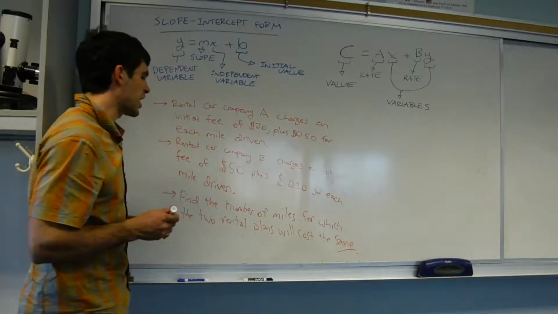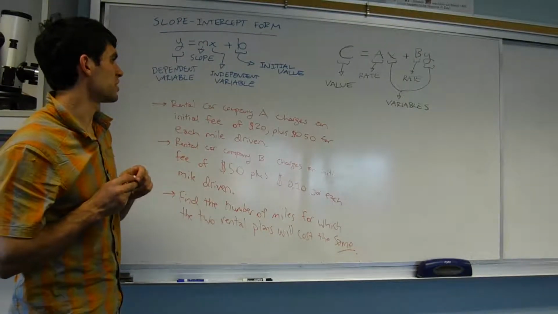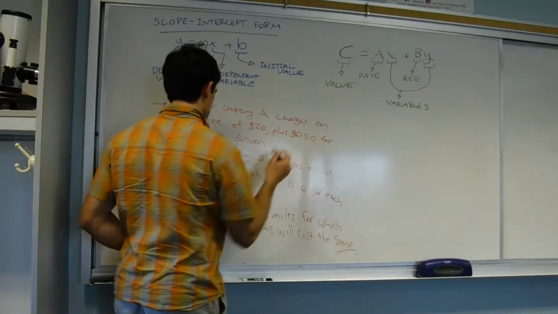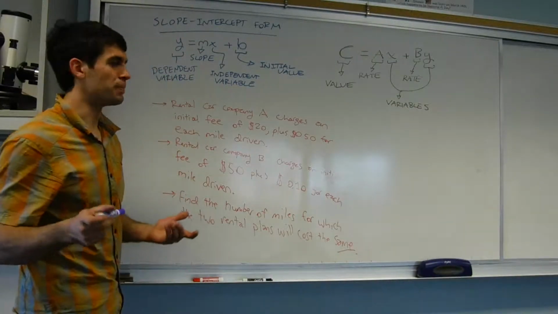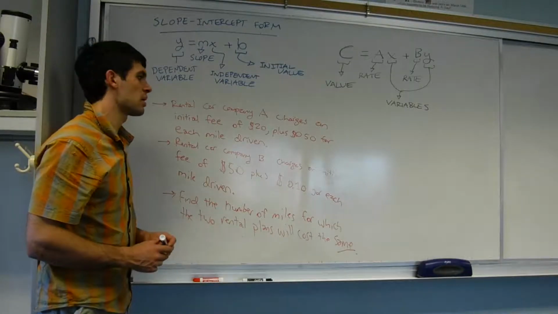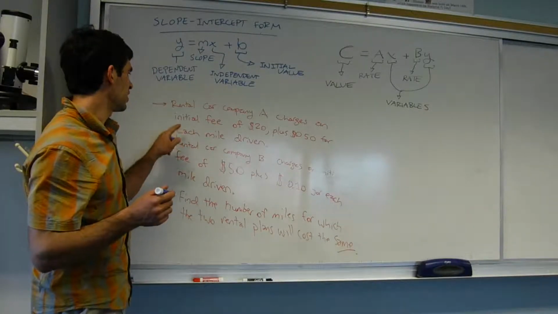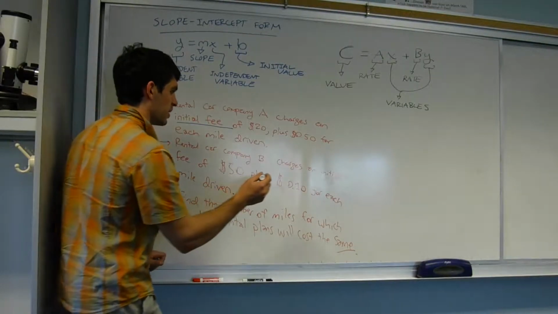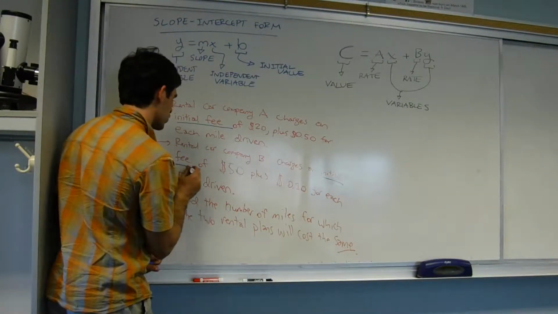So how do we do this? Our first choice is which form do we want to use for our equations. There's a big hint in the language of the problem, and that hint is the words initial fee.